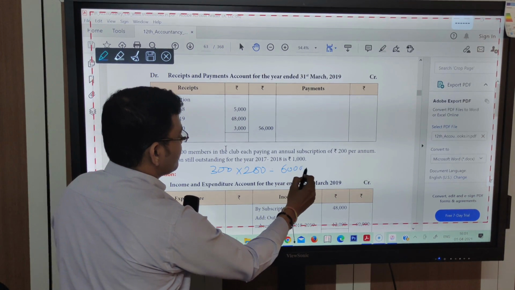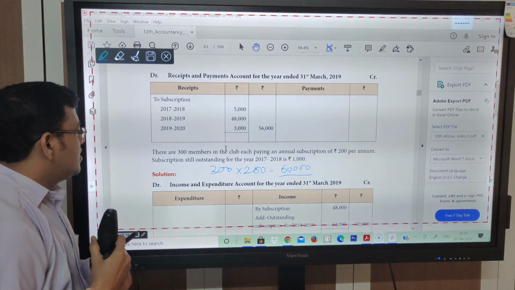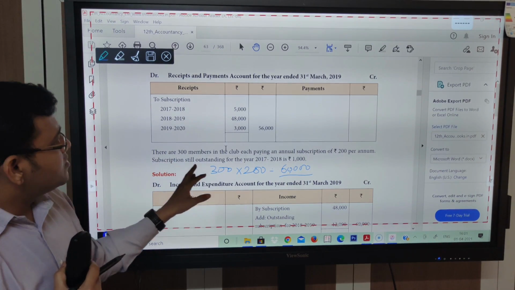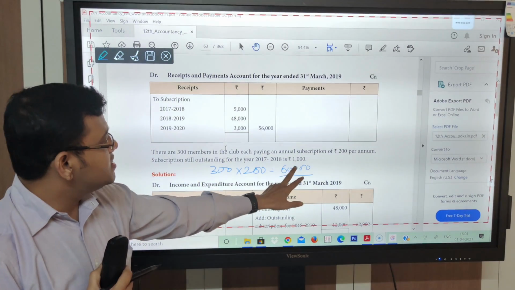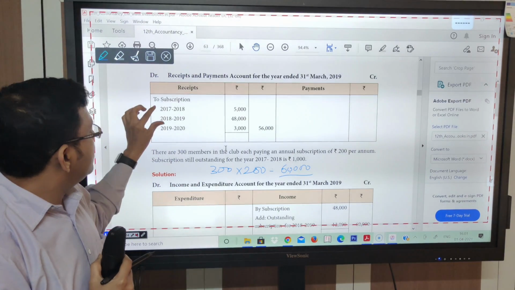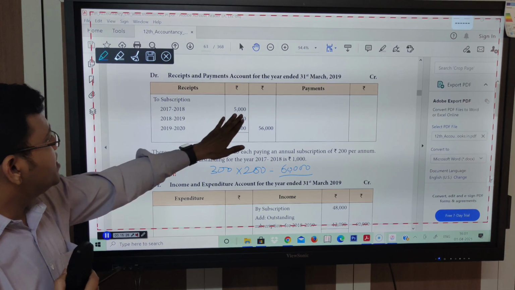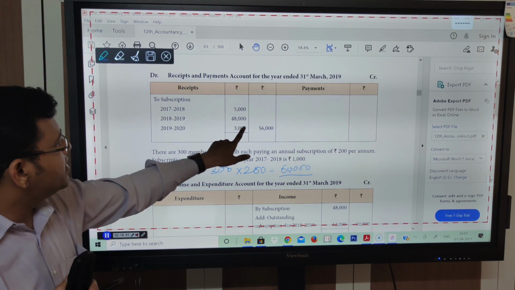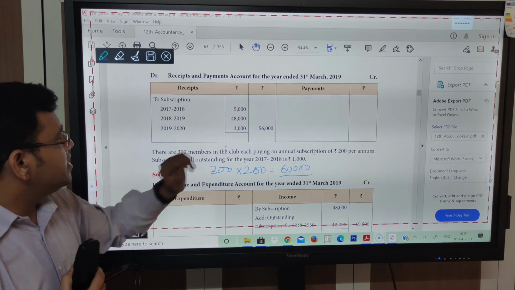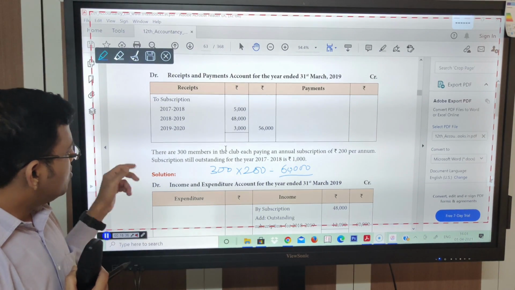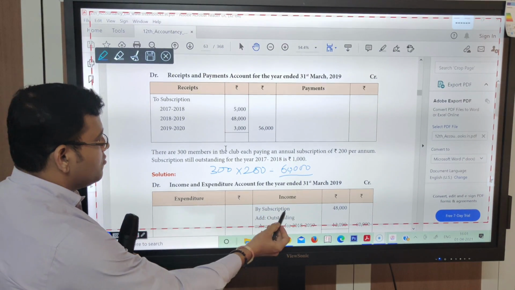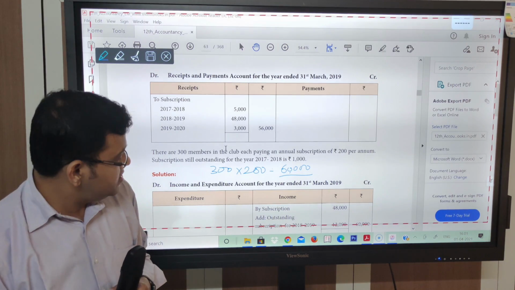So you are going to get 60,000. The subscription still outstanding for the year 17-18 is 1,000 rupees. And they have already bifurcated the receipt: 17-18 pertaining is 5,000, 18-19 pertaining is 48,000, 19-20 pertaining is 3,000. So you should have received how much? 60,000.